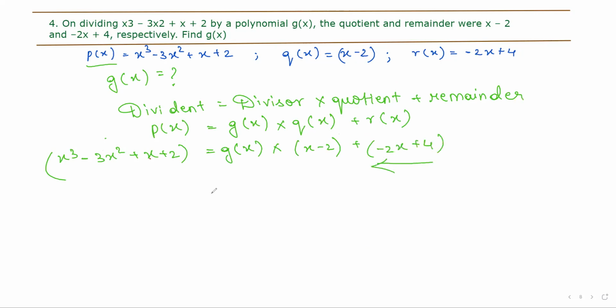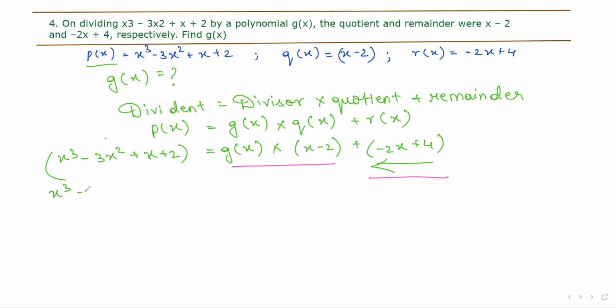This complete r of x can be taken over here on the left hand side, because on the right hand side you have two terms. One is g of x into x minus 2 and second is this term minus 2x plus 4. So you're taking the second term on the left hand side.